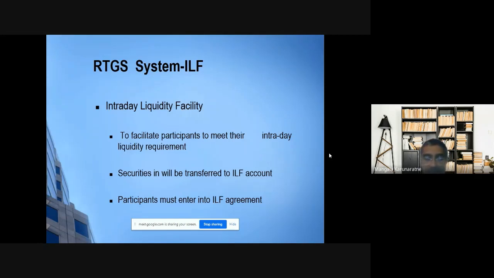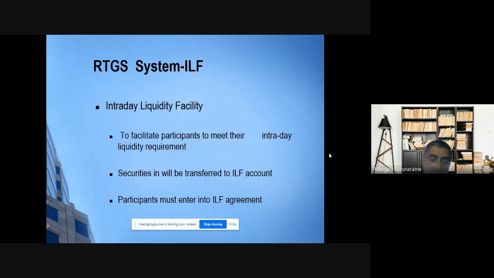I will explain how it can be a debit. Say suppose you have collected checks worth 5 billion, and your checks were collected by other banks worth 10 billion. So you will be getting 5 billion, but you have to pay 10 billion, right? So you are short 5 billion.